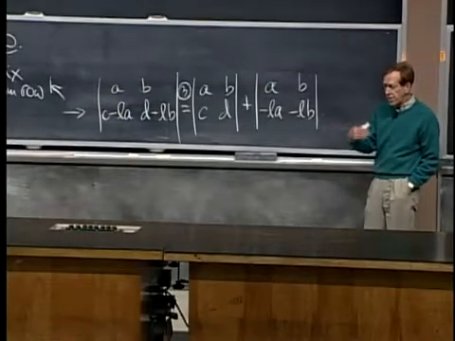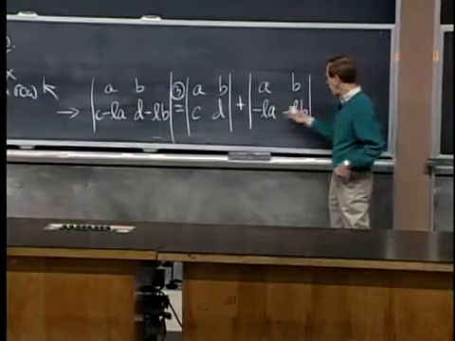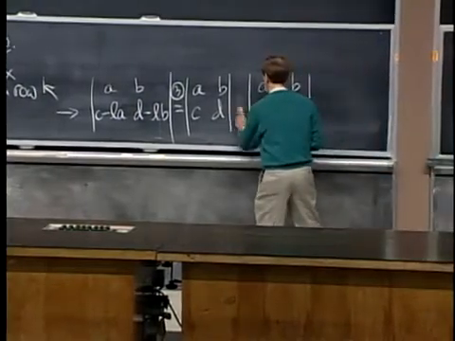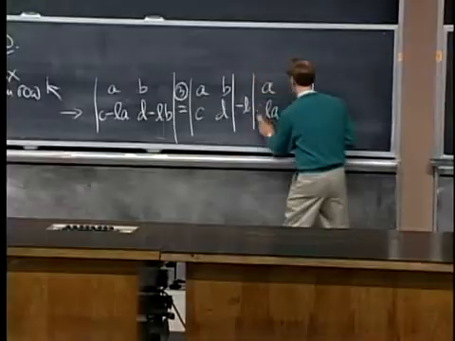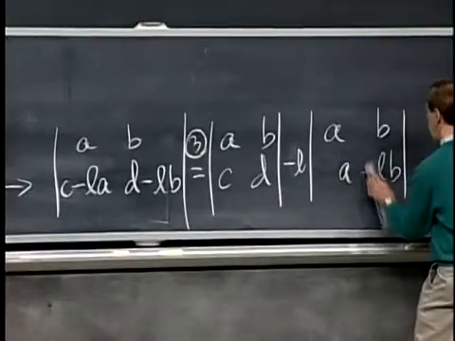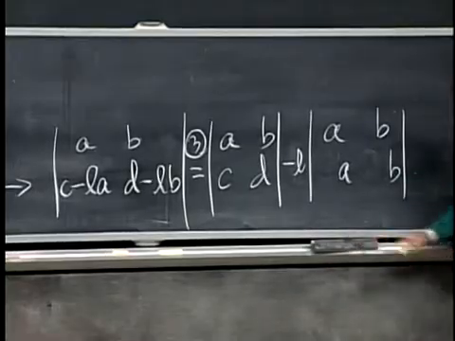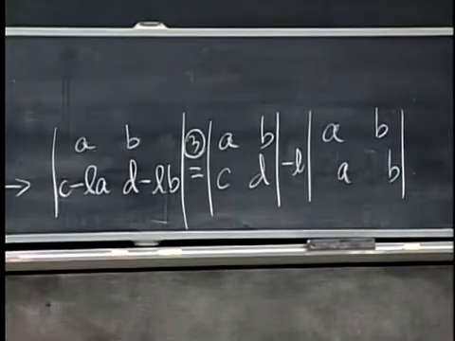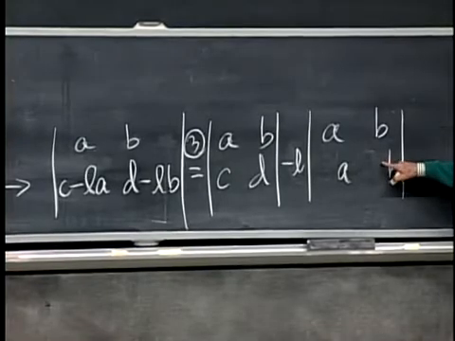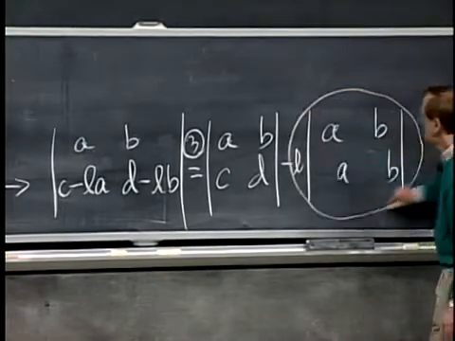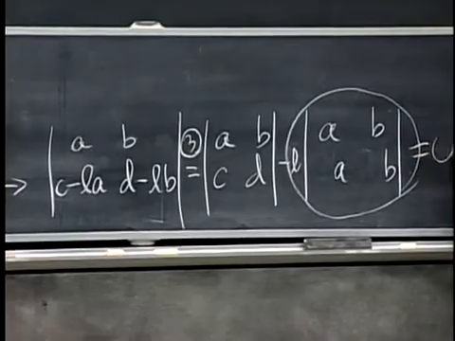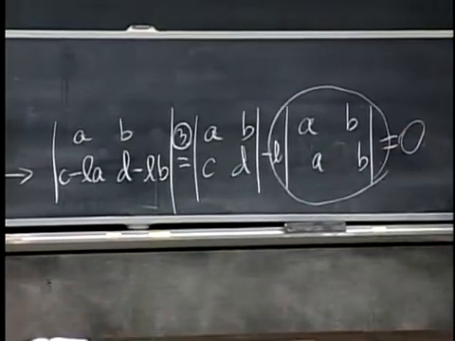Which says I can factor out an L. I can factor a minus L out from this row, no problem. That was 3A. So now I've used property 3, and now I'm ready for the kill. Property 4 says that this determinant is 0. Has 2 equal rows.